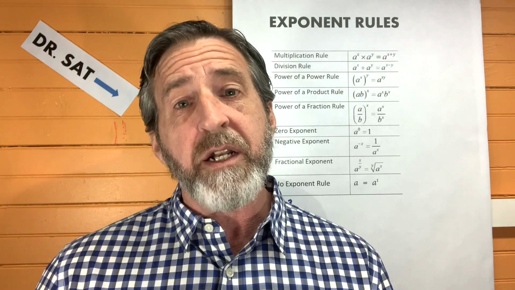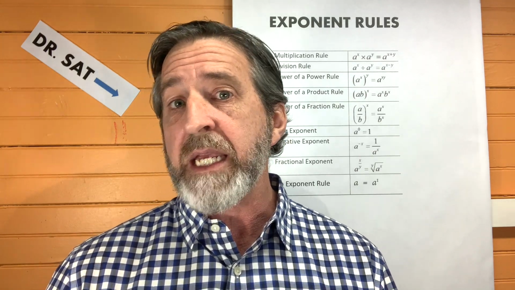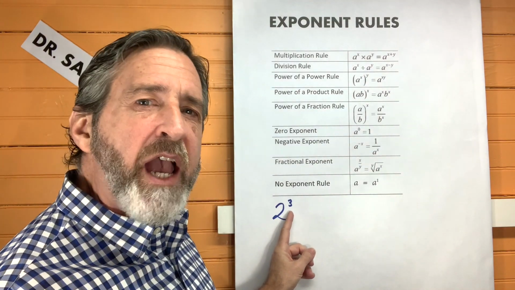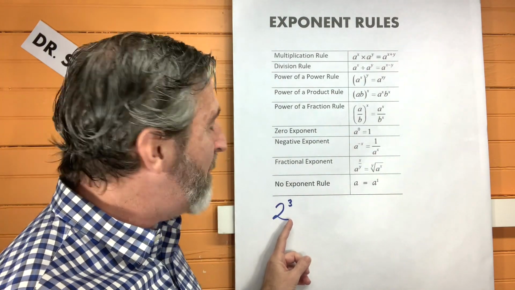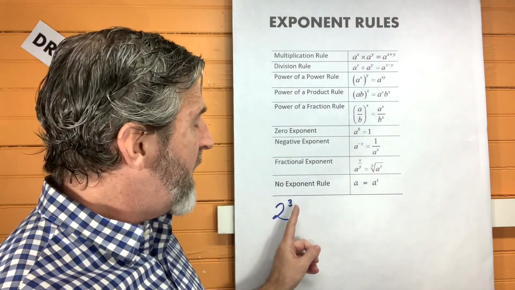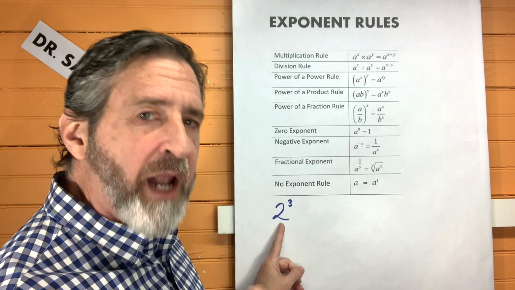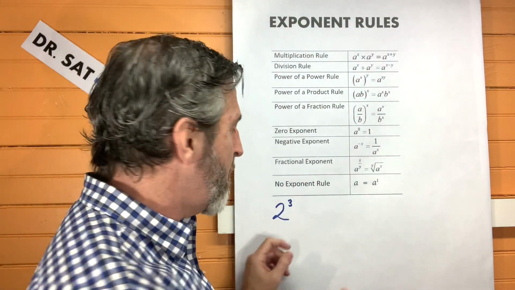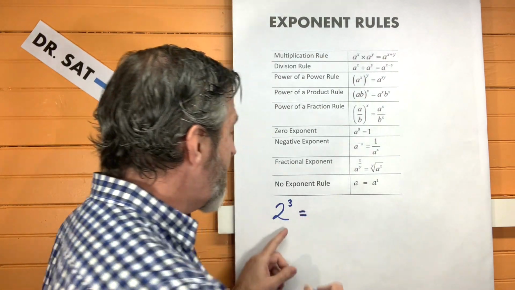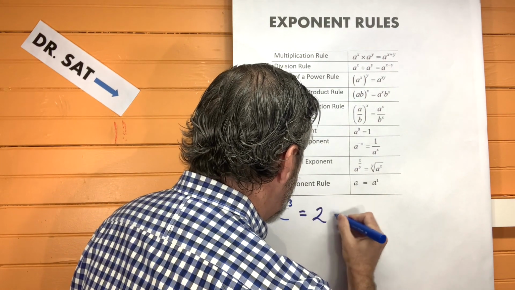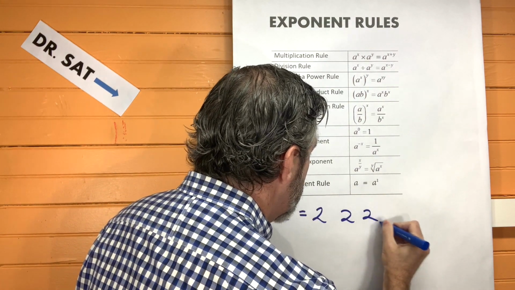What does raising a number to a power actually mean? And here's the way I break it down. When you have a base and an exponent, the exponent first tells me how many times to write the base down. It really tells us how many times we're going to multiply the base by itself, but I break it down like this. 2 to the third, the first thing I do is I write the number 2 down 3 times. 1, 2, 3.